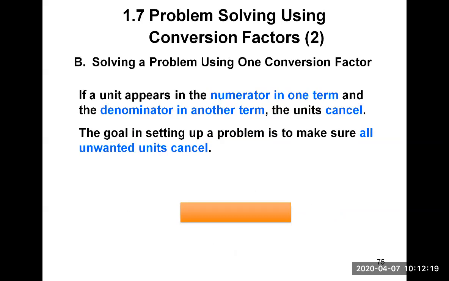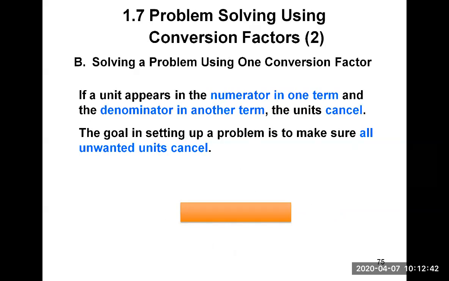Know that mathematically, if a unit appears in the numerator in one term and in the denominator in another term, the units cancel. Just like earlier, 1 kilogram over 1 kilogram was equal to 1 because we had the same thing on top and on the bottom of the fraction.